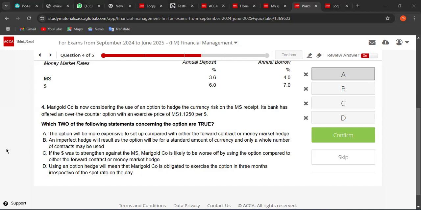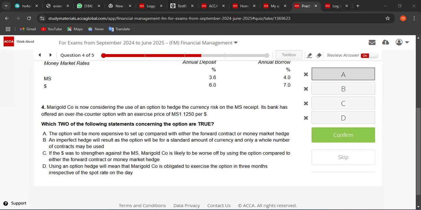Let's solve. Now see what is happening. We have been given the rate in the question.